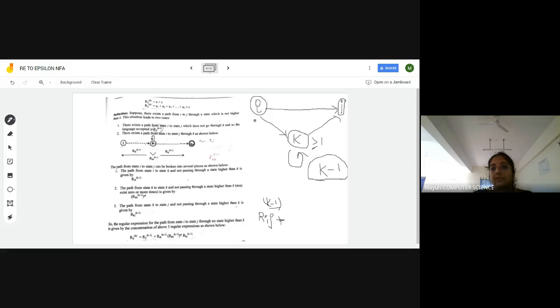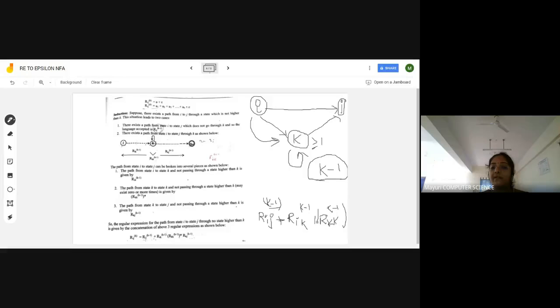Next is this path. So what is that? Rik power K minus 1. If I go this way, here I will be rotating in between. So that is my R, starting state is K, ending state is also K, Rkk power K minus 1.